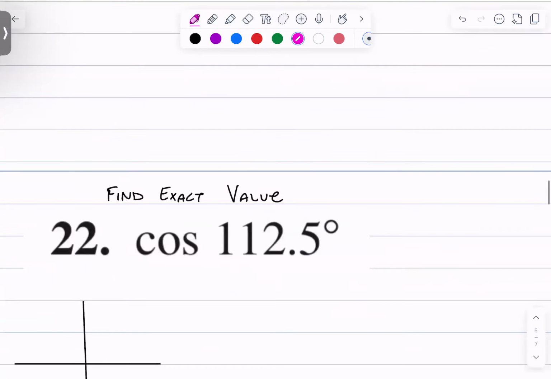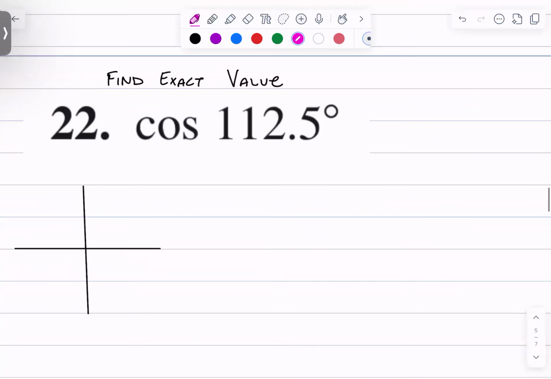So the next one is this. This is pretty simple to kind of guess that this is a half angle formula. Okay, so 112.5. It's easy to guess that we're going to use the half angle formula because of the 0.5.